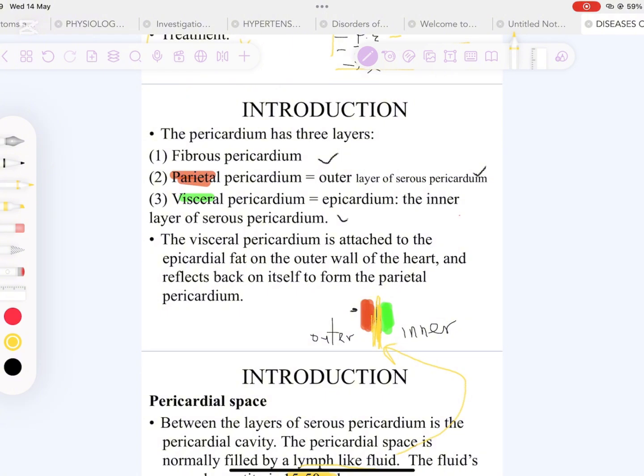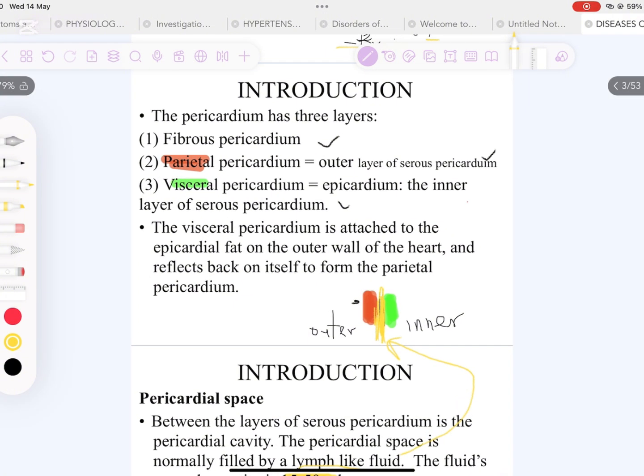The onion is so delicate, so you take a white transparent nylon, like a film, and wrap it around the onion the first time, then wrap the film around it again the second time. So that is how the pericardium wraps itself around the heart.